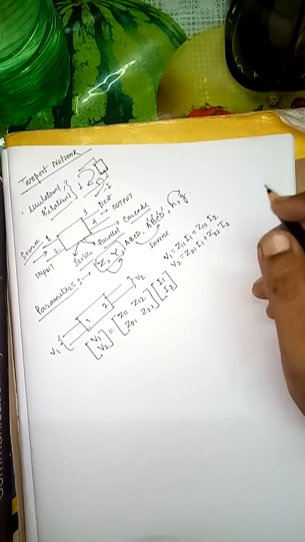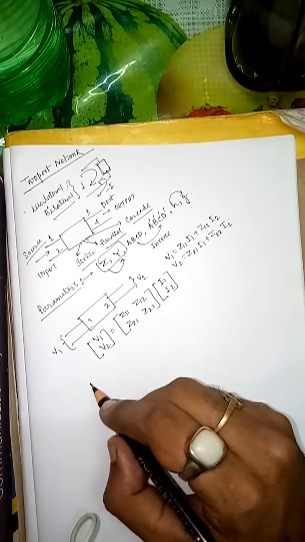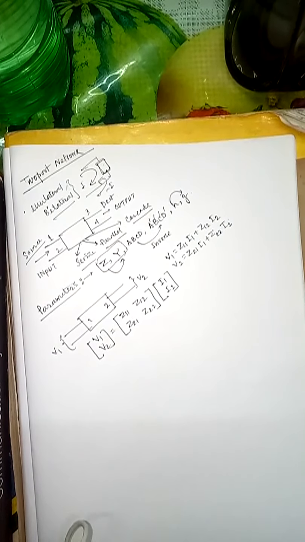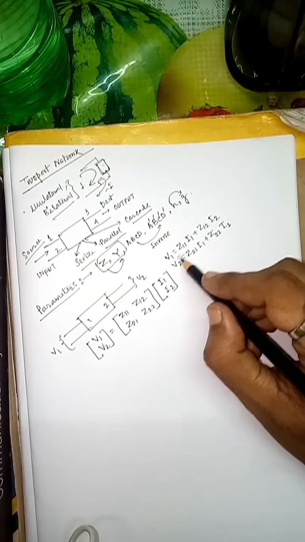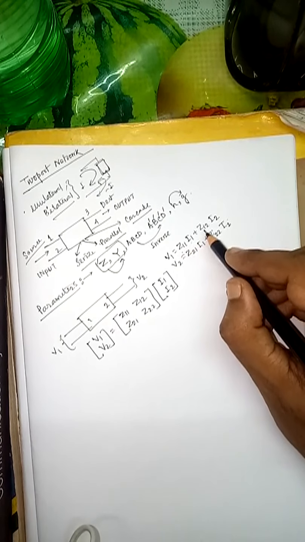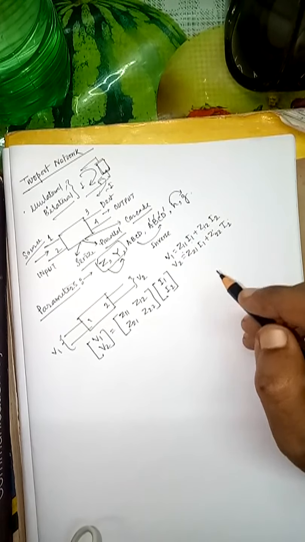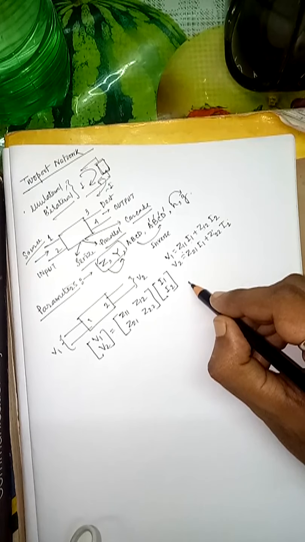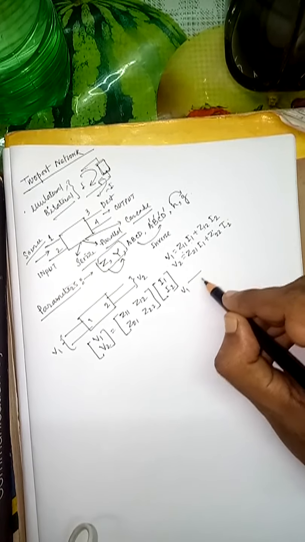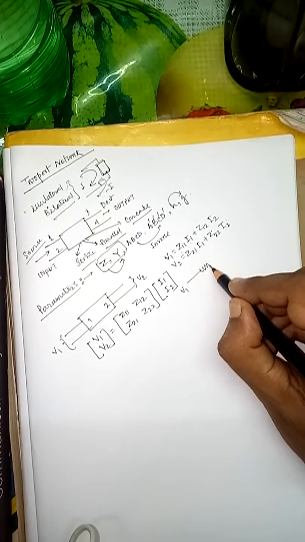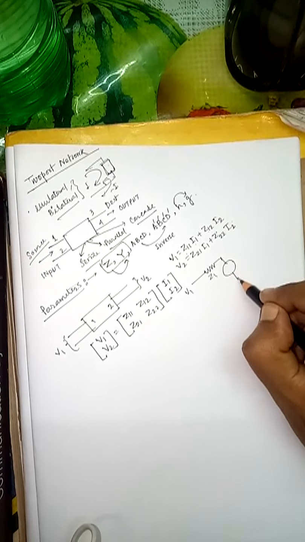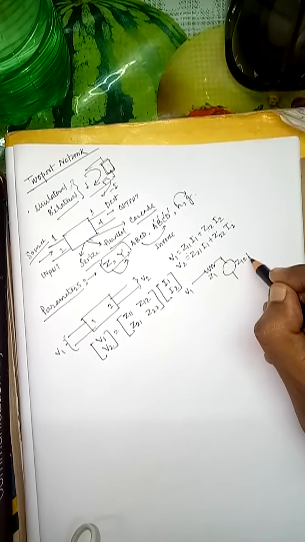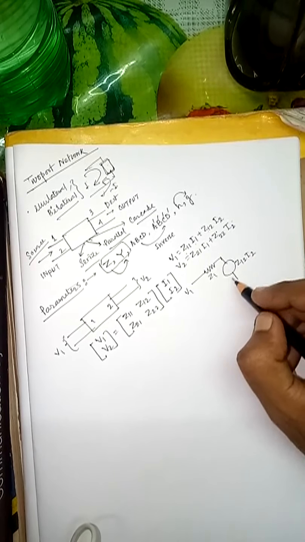Fine. So what then is the Y parameter? If you are writing these Z parameters, how do you represent them? You see, V1 is a summation of Z11 I1 and Z12 I2. So here, if this is V1, there is one impedance, Z11, and one voltage source, which is Z12 I2, or you can say it is a current source there.